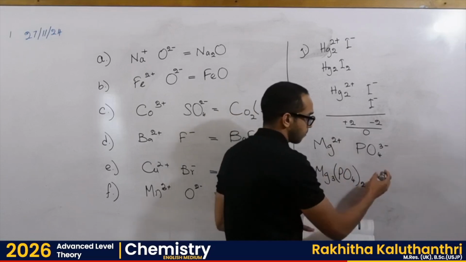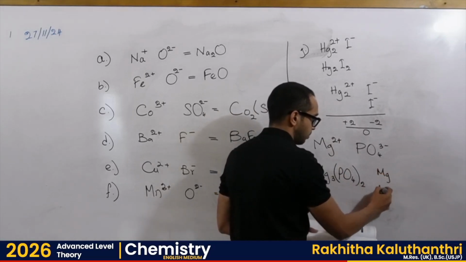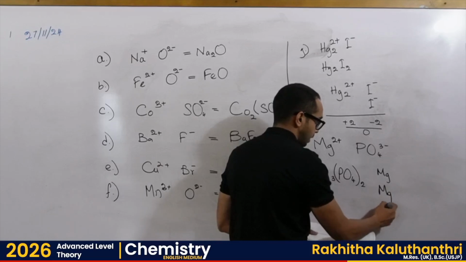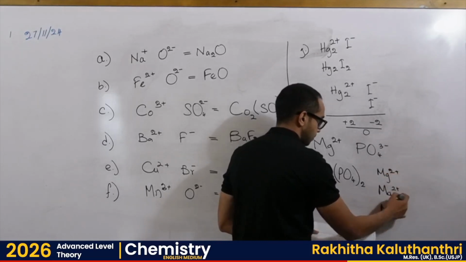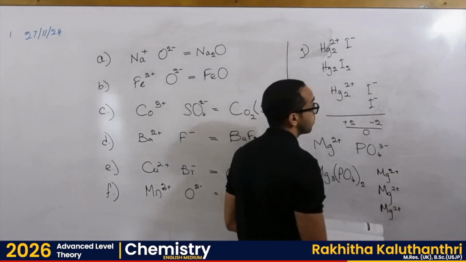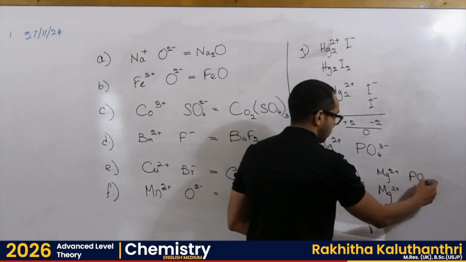Now again, let's observe whether this makes sense. We have 3 magnesium 2+ ions, and we have 2 phosphate ions according to the formula coupled with them.